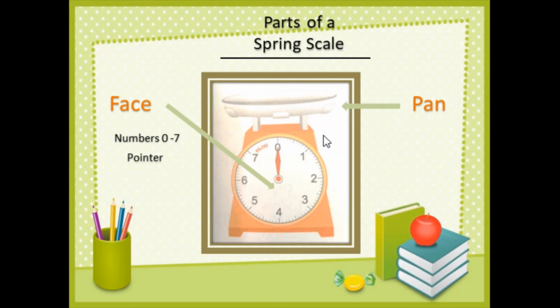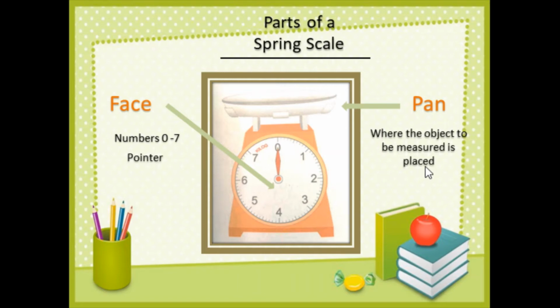Alright, the second part is the pan. Repeat after me, please. Pan. Okay, good job. The pan is where the object to be measured is placed. So it's like you want to measure salt.